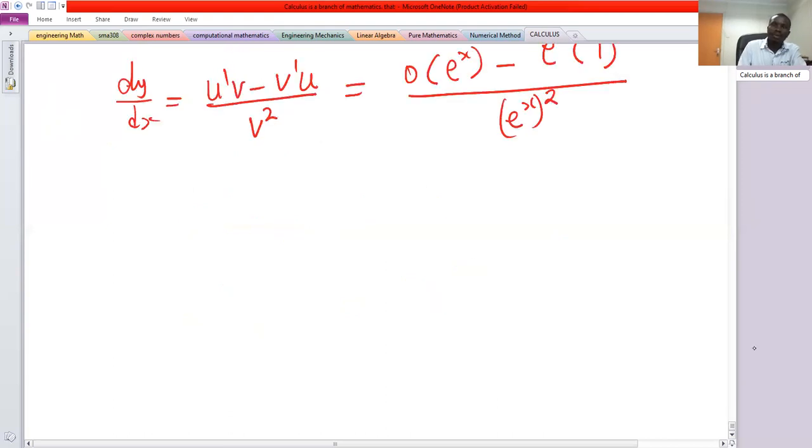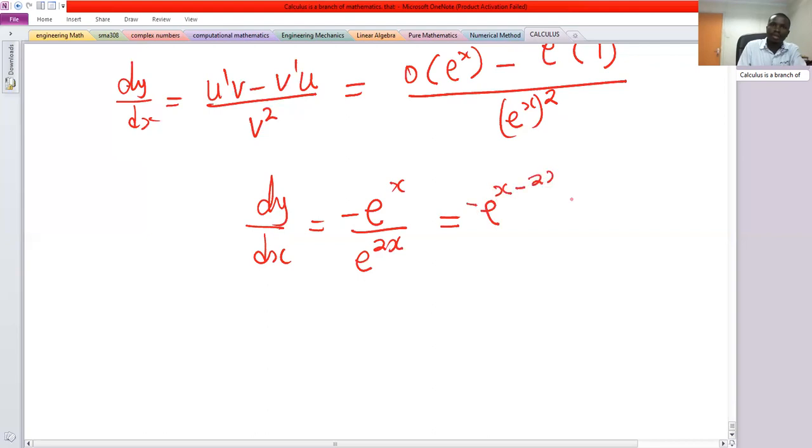Now 0 times e raised power x will give us 0. So dy dx will be negative e raised power x over e raised power 2x. Laws of indices, this is the same as negative e raised power x minus 2x, which is negative e raised power negative x. And that is the answer.